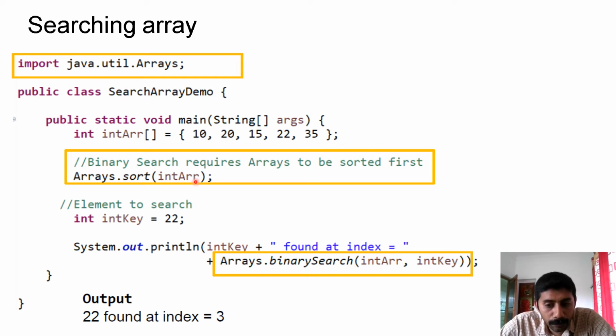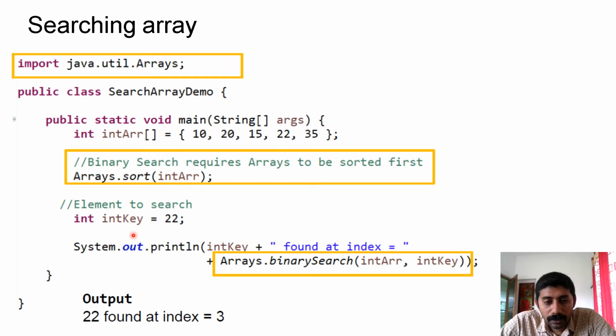To perform binary search, the precondition is that data should be in sorted order. So first you have to sort it, Arrays.sort, pass the array name. So you got the sorted array. Now you are going to perform the searching operation on this array using the binary search algorithm.